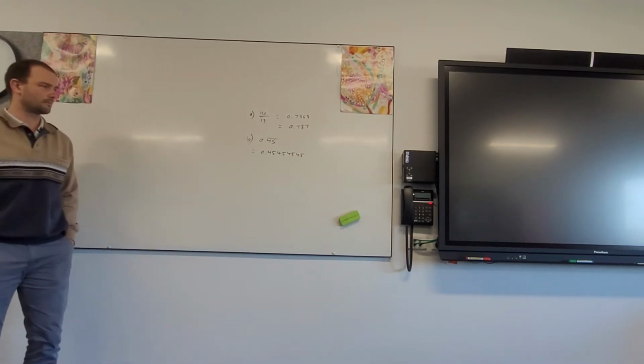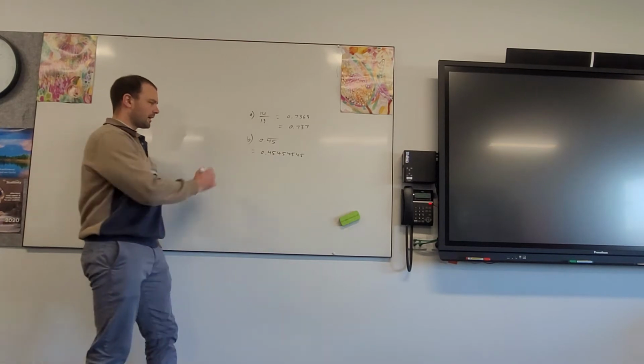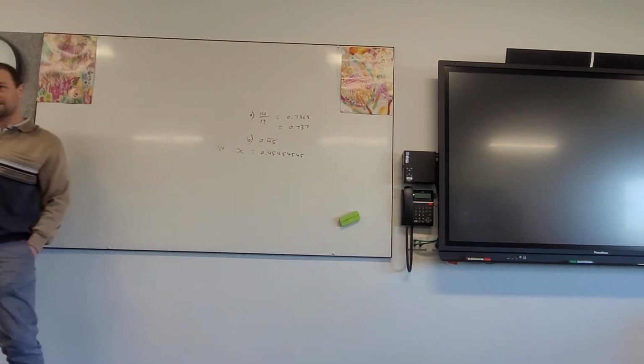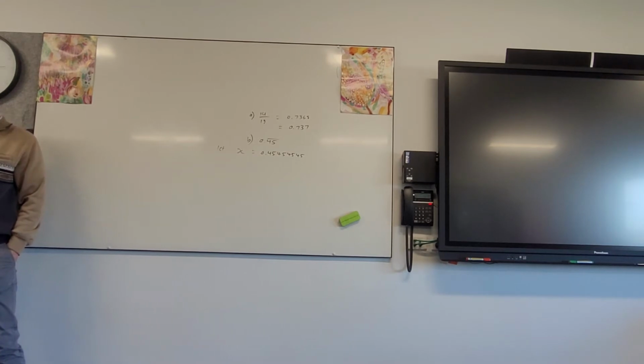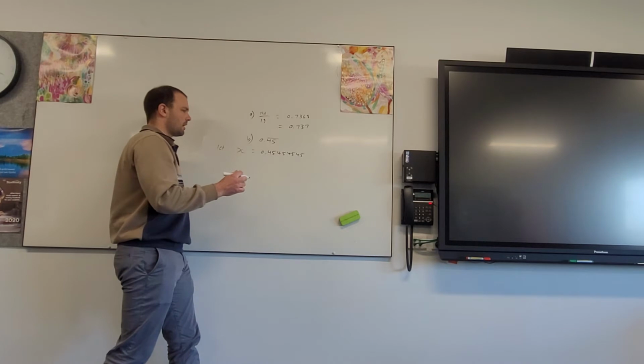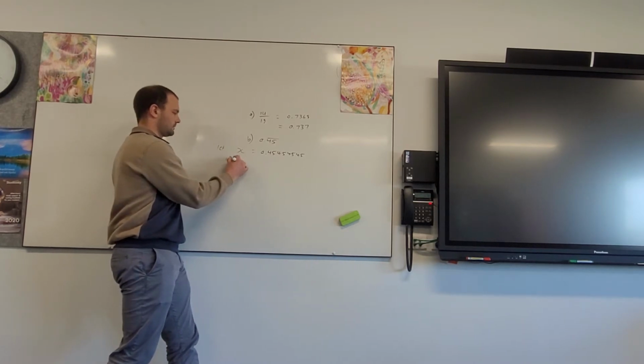That's what recurring means. So what we're going to do is let x equal 0.454545. Okay? And then we're going to find 100x.